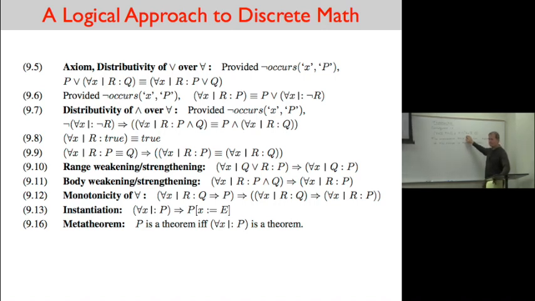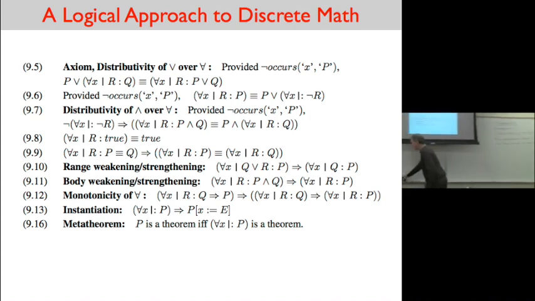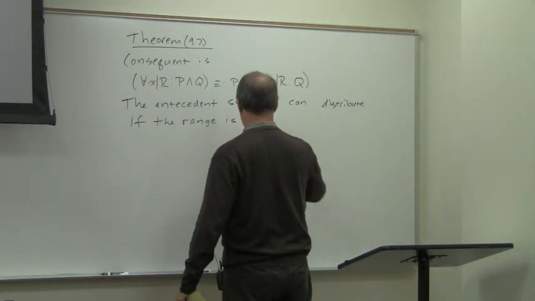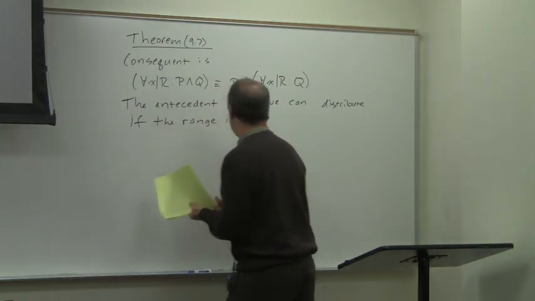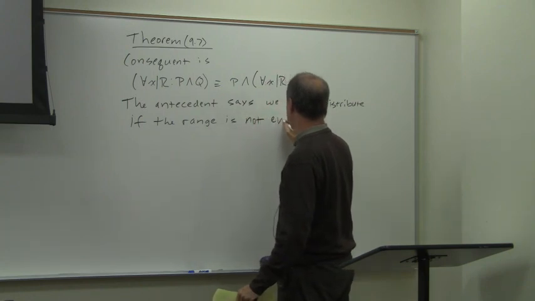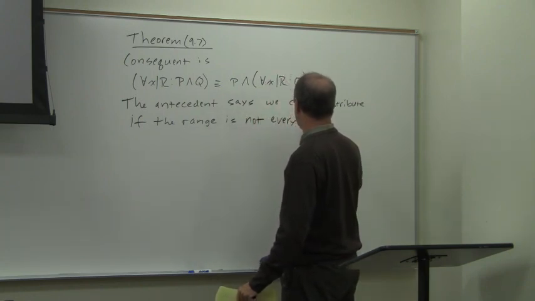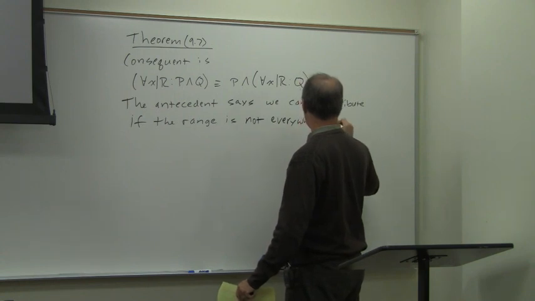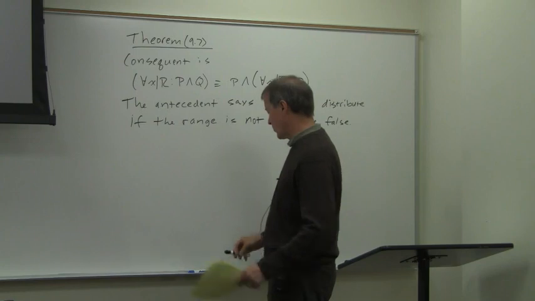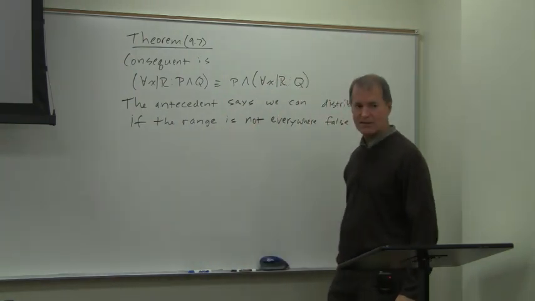Isn't it if it's not everywhere false? Sorry. You're right. If the range is not, my mistake. Thanks for catching that. If the range is not everywhere false. What if it was everywhere false? Then you can't do it. Obviously you can't do it, but why? Well, I'll show you. I think when we do the proof, you'll see why that has to be the case.